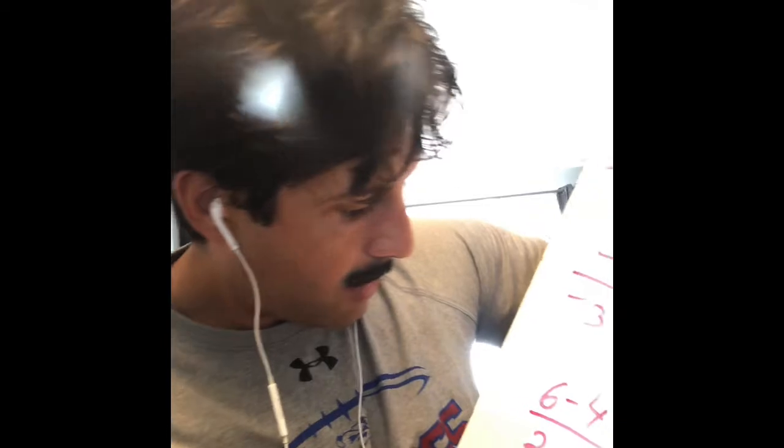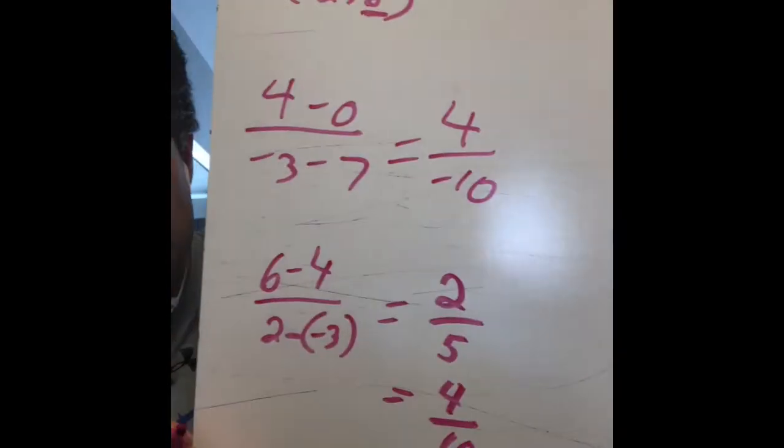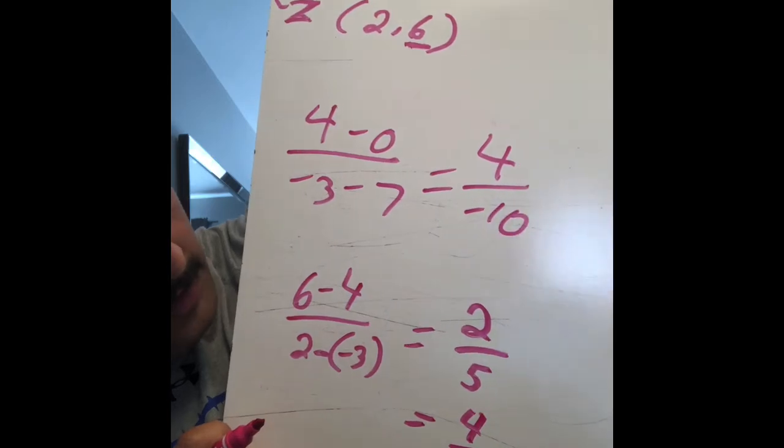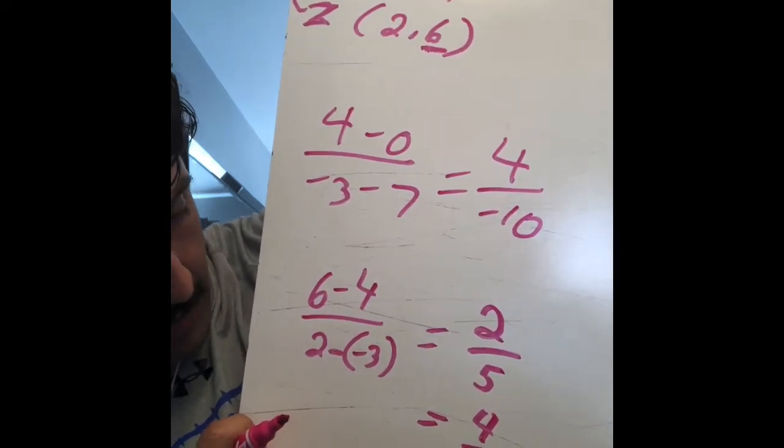And that's going to equal 2. And now 2 minus 3 is 5, which is also known as 4/10. So we do have equivalent fractions, but the problem is one is negative, the other one is positive. So they are not collinear. Just because they're the same fraction, positive, negative, that does not work. They are not collinear. So example B was not collinear.